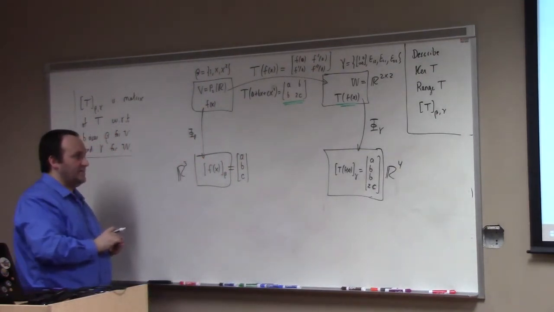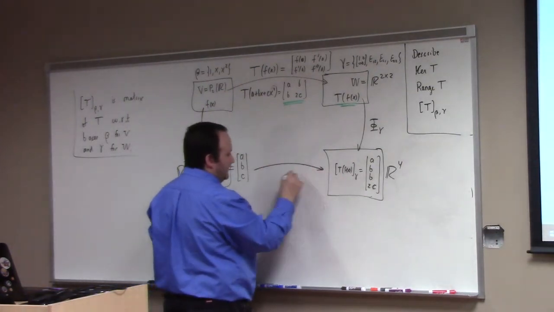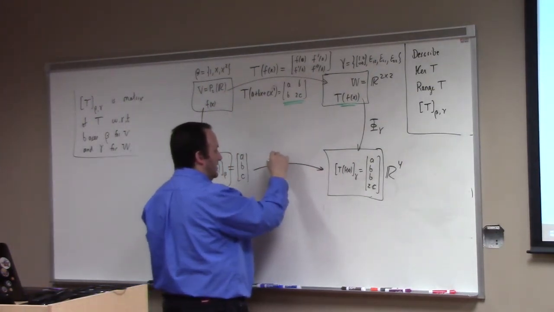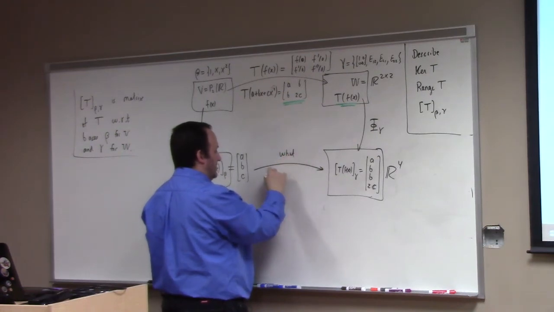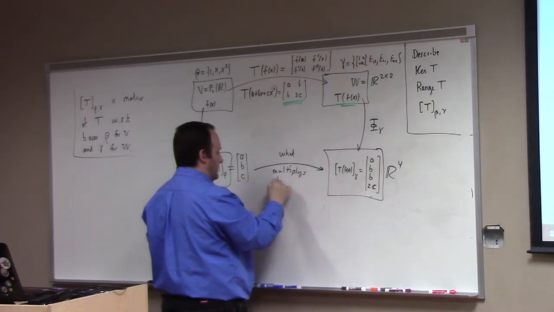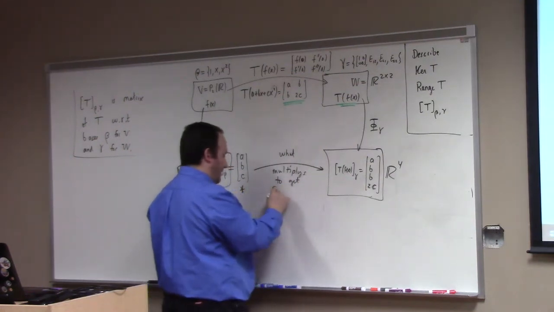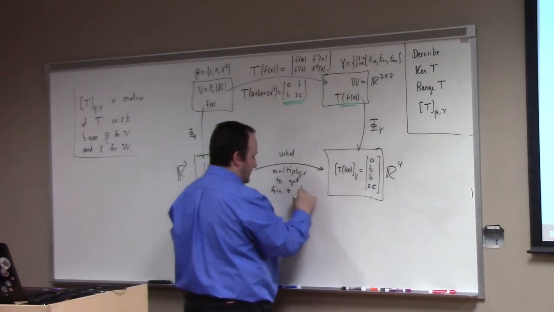Then, to find the matrix of the linear transformation, all you have to do is figure out what multiplies to get from here to over here.